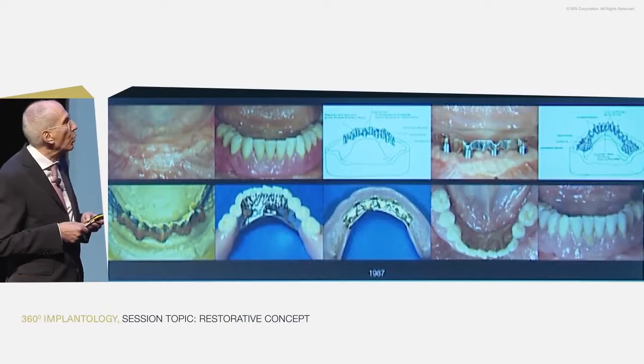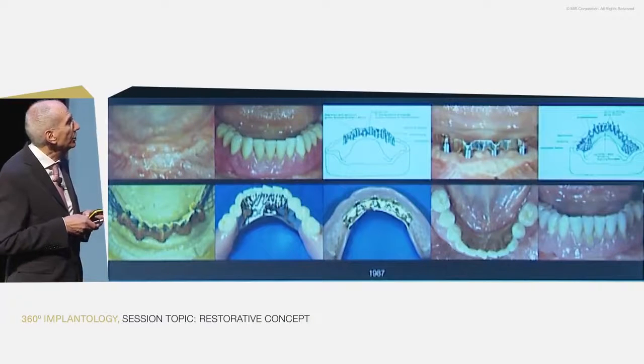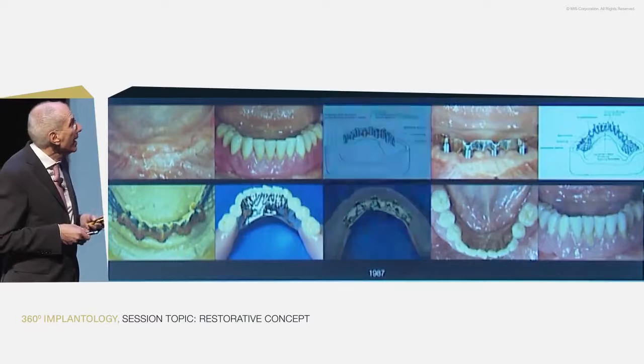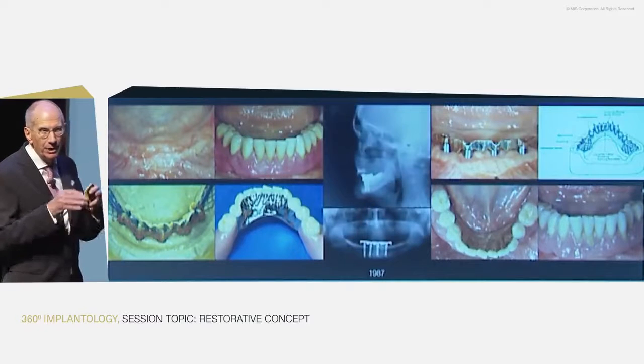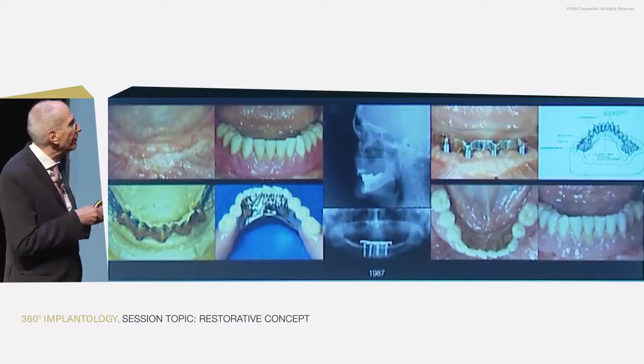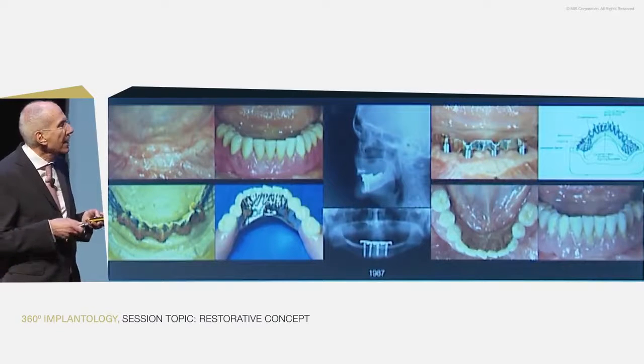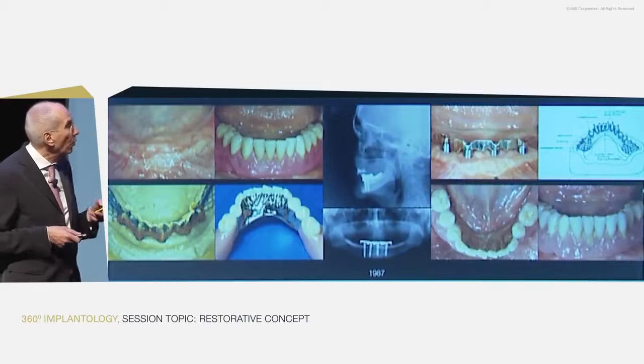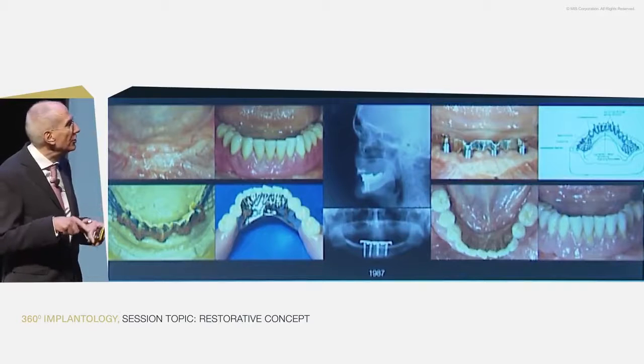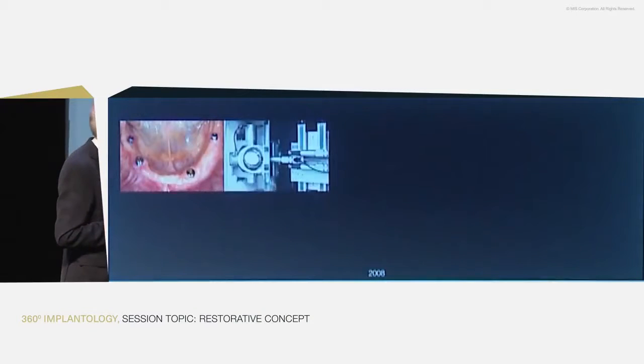Gold was the number one material, gold for the bar, gold for the overdenture too. And at that time, there were different rules. Very long implants were placed, bicortical stabilization, interforaminal placement, all these aspects that have changed. There is no time to go into that.